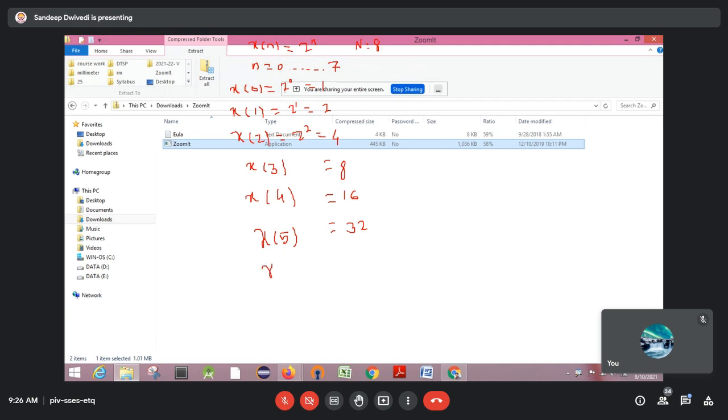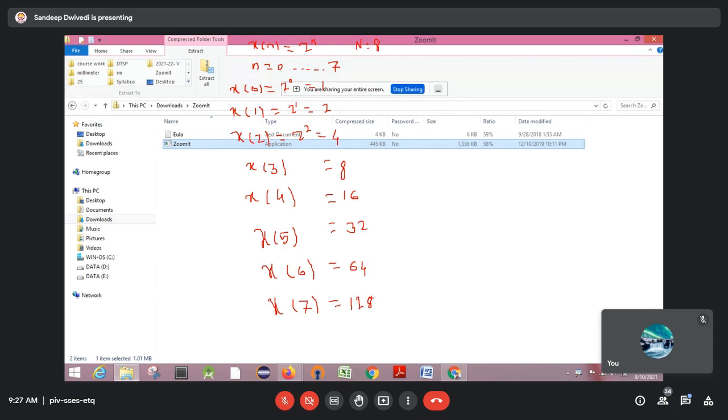Then x of 6 will be 64. Then x of 7 is 2 raised to power 7, so this will be 128, that is 64 into 2.